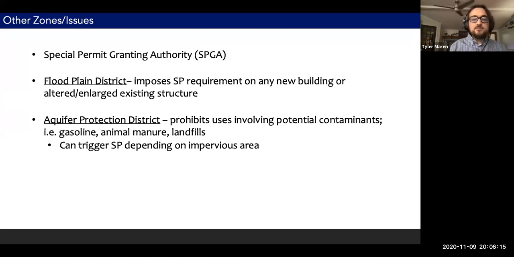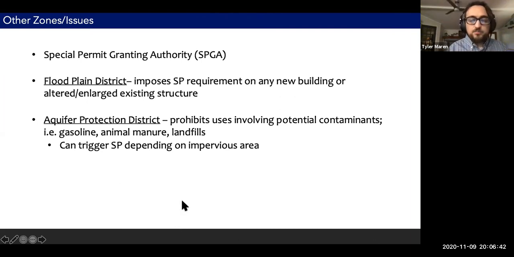Aquifer, there's formulas and different thresholds depending on how large it is, but I'd say that's also likely to trigger a special permit. And so basically that is meant to give the boards a chance to review to make sure that the aquifer is being protected and that new buildings in the floodplain district are adequately protected from flooding.